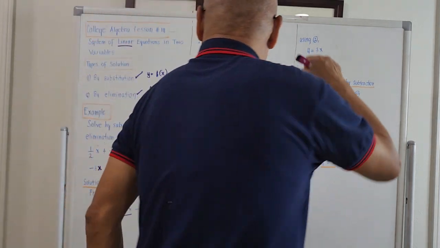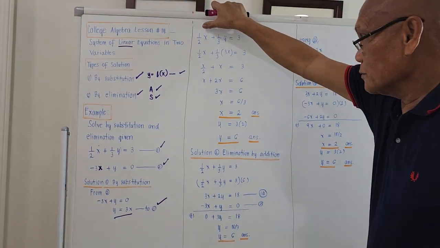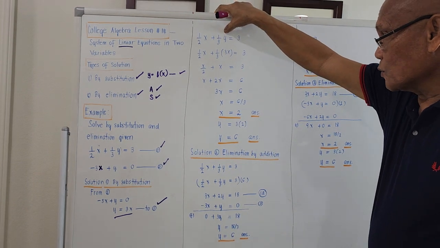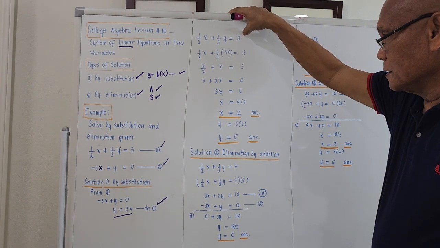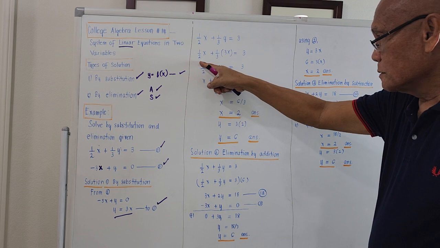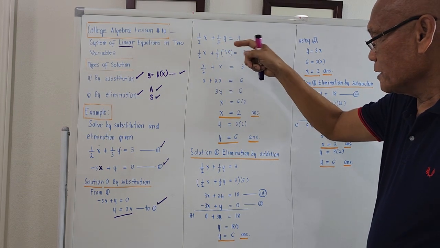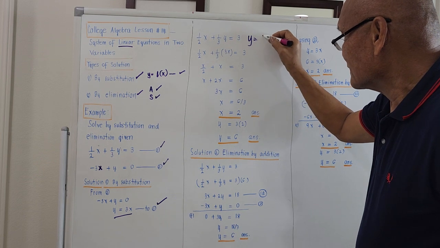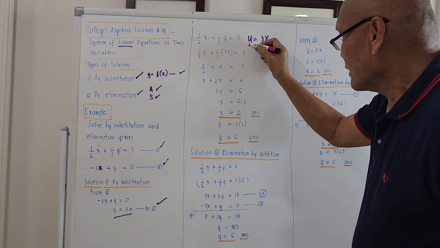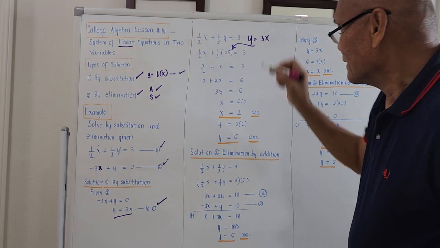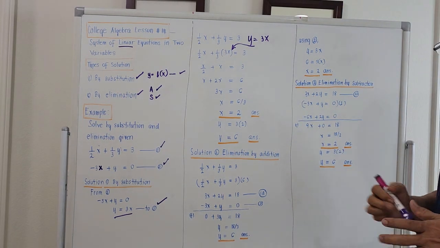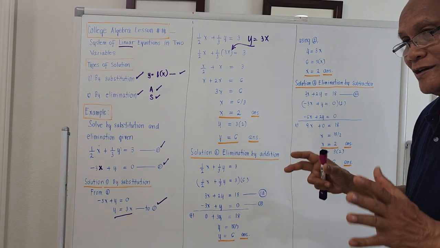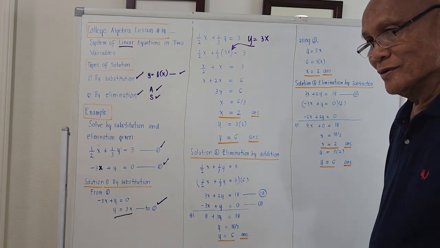Rewriting equation number 1: 1/2 of x plus 1/3 of y equals 3. But y is equal to 3x, so we put it there. That's why the method is called solution by substitution.